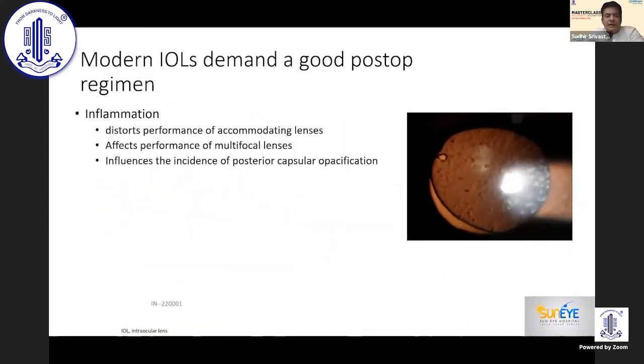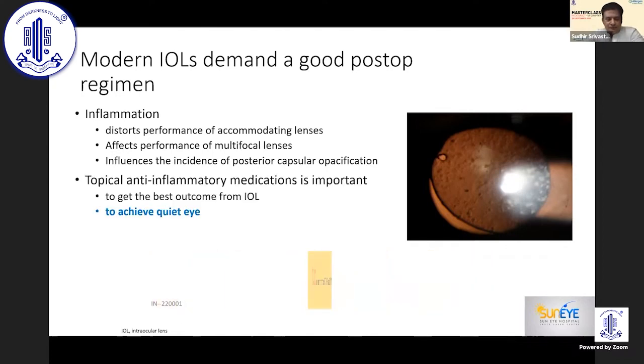In modern surgery, if we want to achieve good results, then we need to have fewer reactions, because any kind of deposits on the IOL can hamper the quality of the optical outcome. Because we are talking about premium IOLs, we are talking about multifocal IOLs. So any kind of deposits definitely will hamper the outcome.